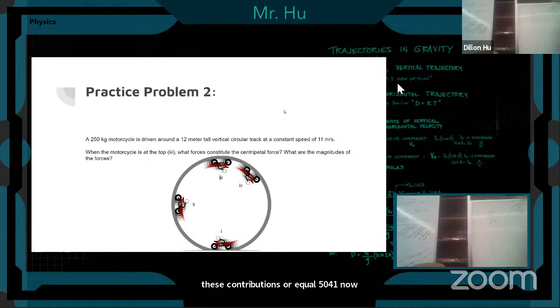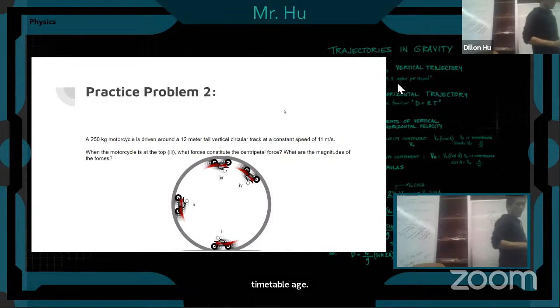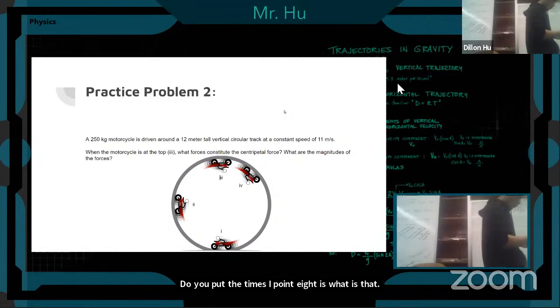So what this means is that the sum of all forces here is going to equal my centripetal force. In this case, the sum of all forces includes my force of gravity. So the force of gravity plus my normal force should equal 5,041. The force of gravity is mass times g, which is 250 times 9.8. 250 times 9.8 is, what is that? 2450.